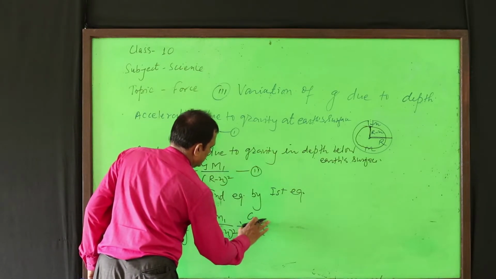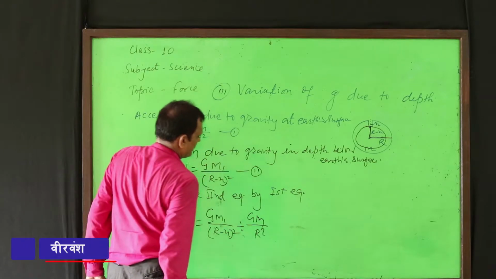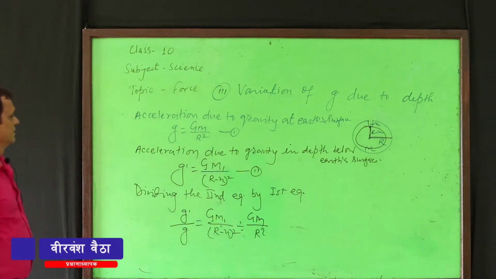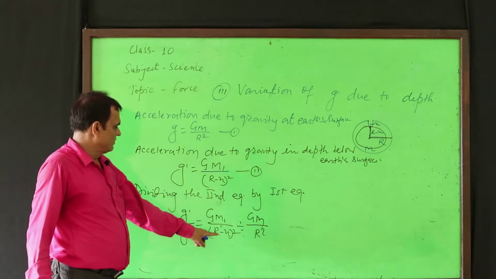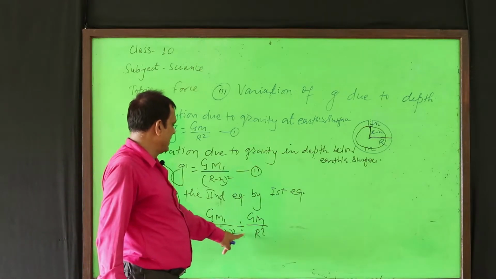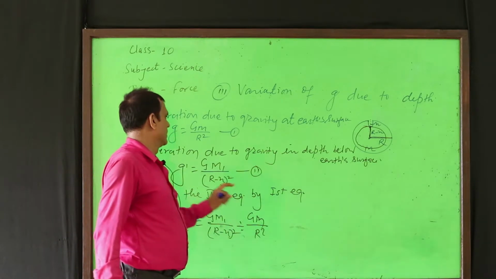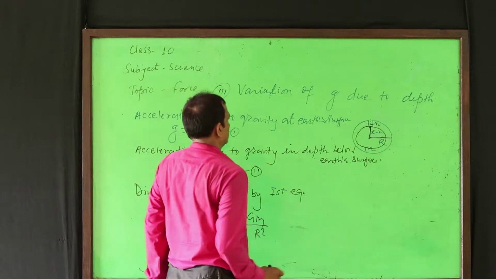Please see carefully. I am using the calculation by mathematical terms. g dash by g equal to G M1 by R minus x whole square divided by GM by R square, according to this one.